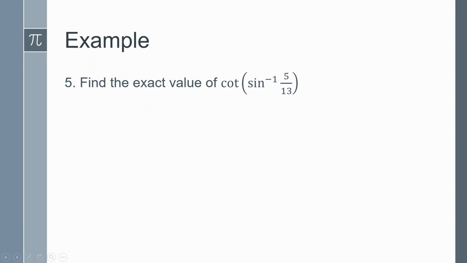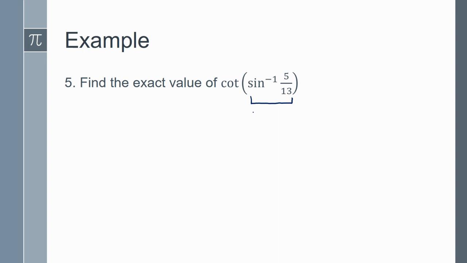All right, if I'm asking for us to find the exact value of the cotangent of inverse sine of 5 over 13, this is now a little bit different because we have two different trig functions. So remember, when they're different trig functions, you have to start on the inside.